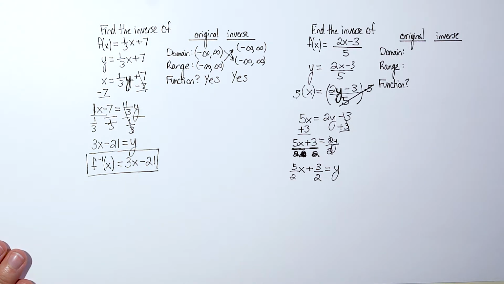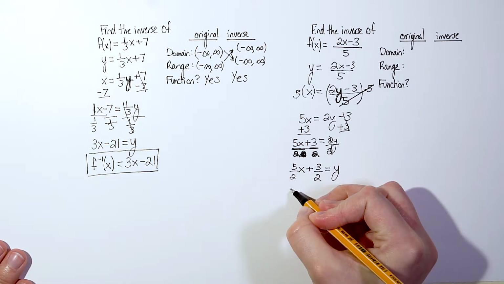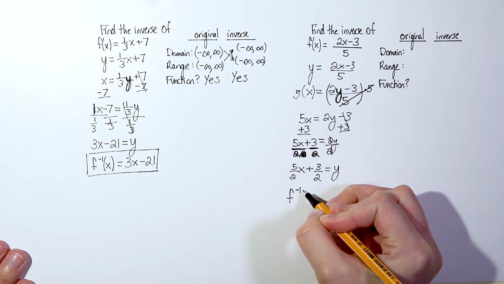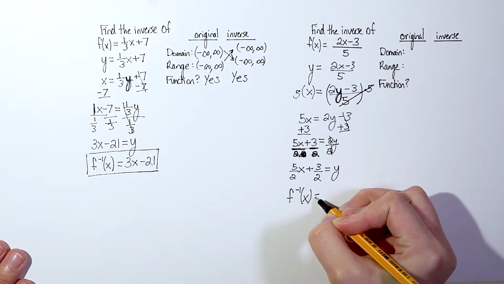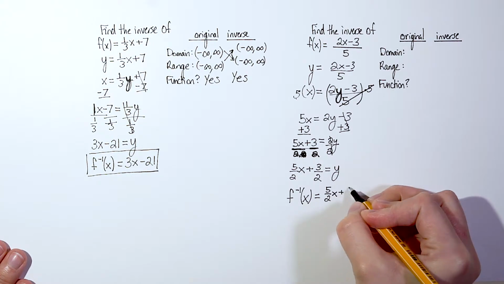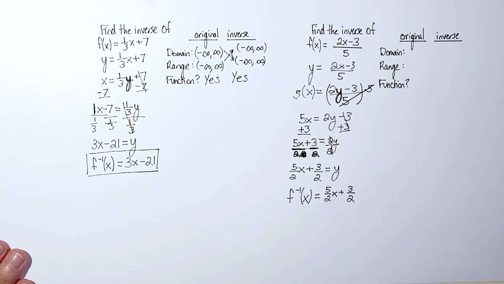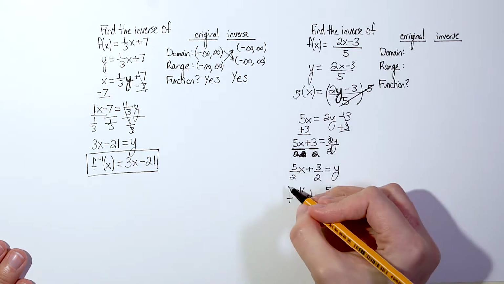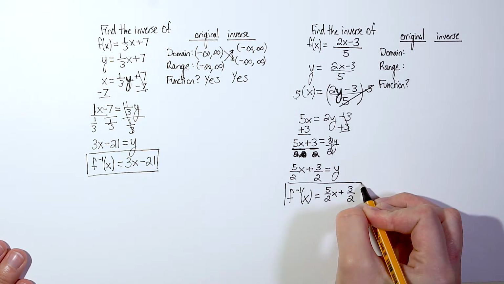Remember, that final step is I want to make this look a little better, and while I'm doing that, I'm going to sub out the y for f inverse of x equals 5 over 2x plus 3 over 2. And that is my inverse.